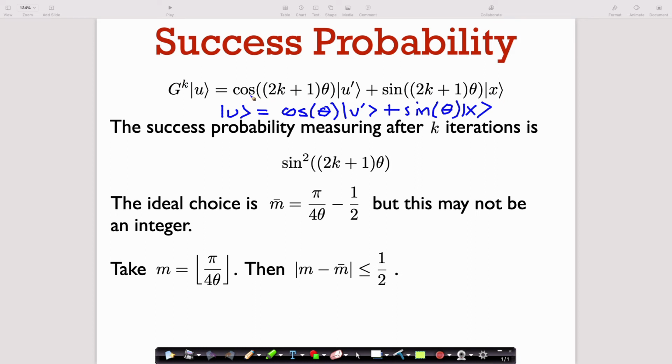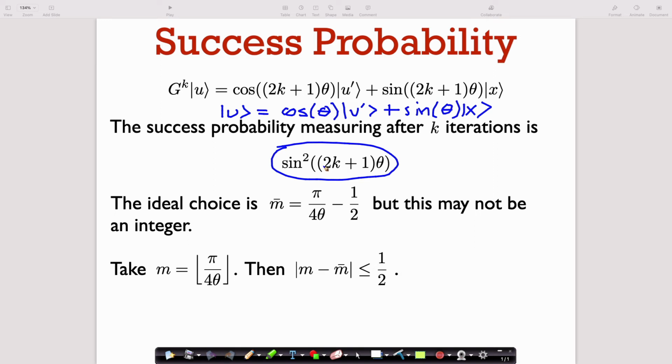Okay, cosine of quantity 2k plus 1 times theta is the amplitude on the U prime state, and sine of quantity 2k plus 1 times theta is our amplitude on x. Okay, so after we do this and we measure, the probability that we're going to see x is the sine squared of quantity 2k plus 1 times theta. Okay, so you want to choose k to make this as close to 1 as possible.